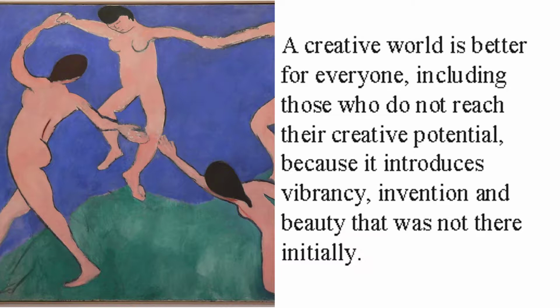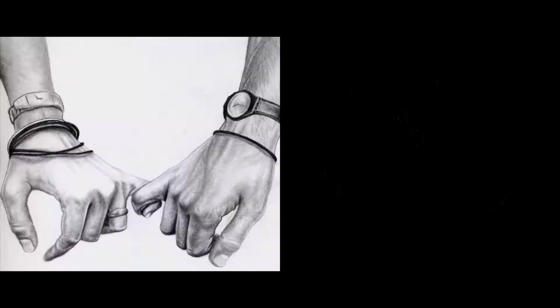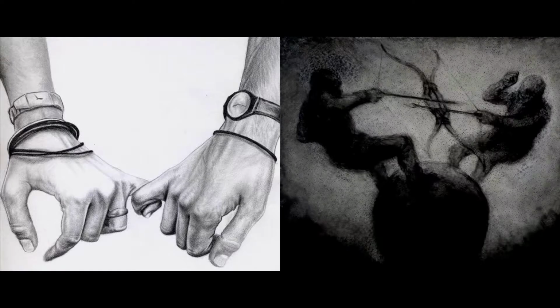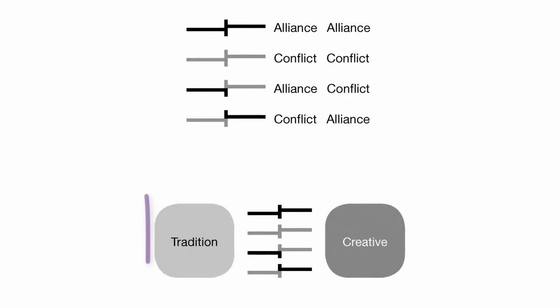Now, what you can hear as we go through those regulative principles is that they can be in either alliance or conflict with each other. And this is the key point I want to make with this theoretical tool: to get you into a position where you start to understand that as a theorist of education, you can't just identify one regulative principle and make that the one you stand for.